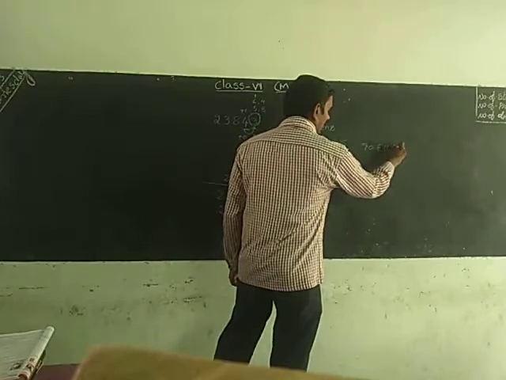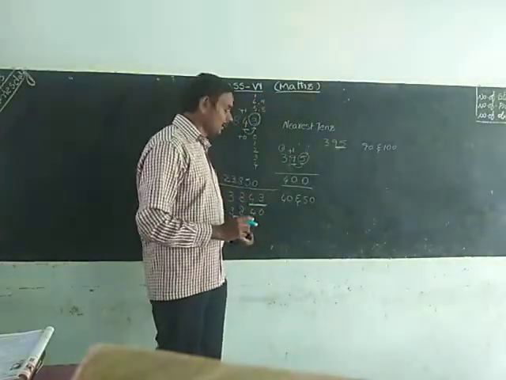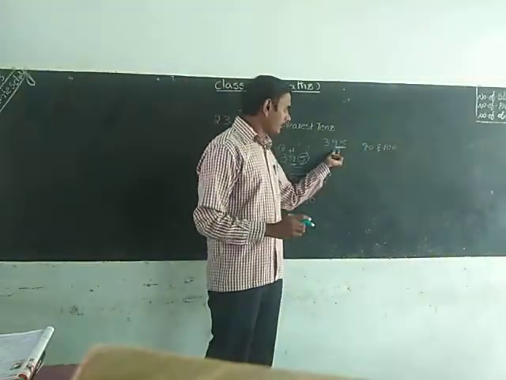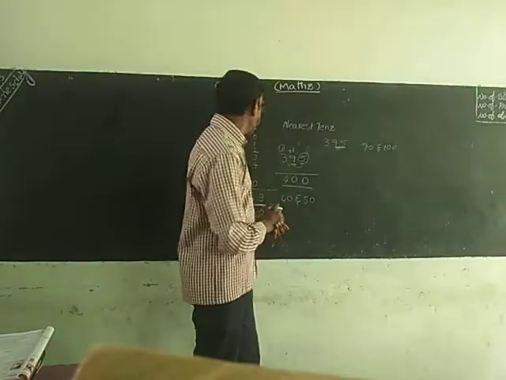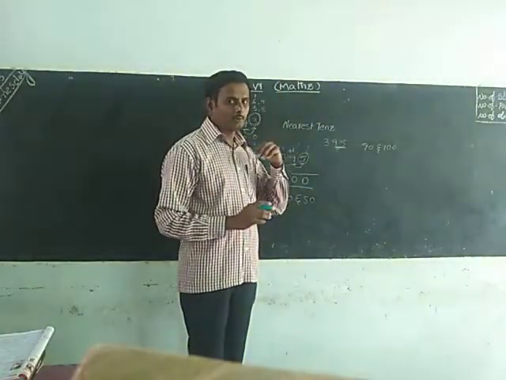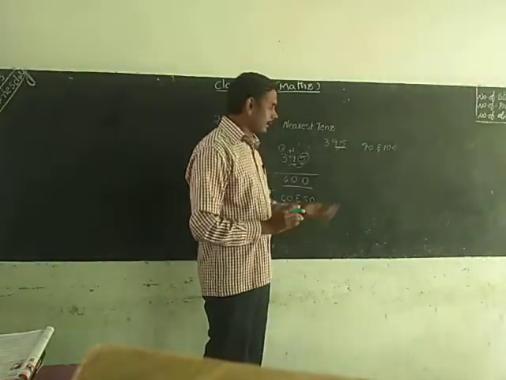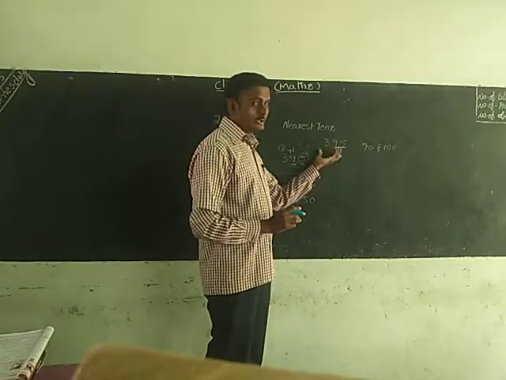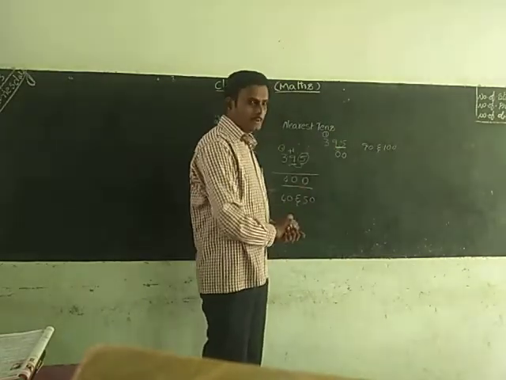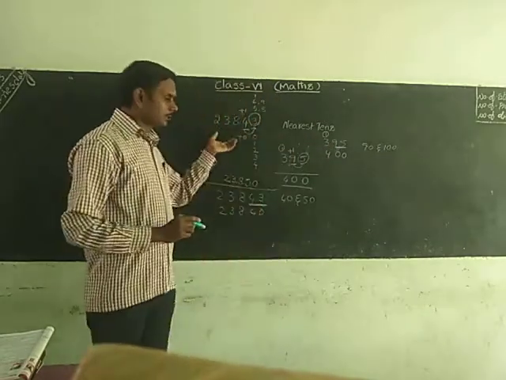Like this, sums they will not give to you; this model only they will give. 95 is nearest to 100, because 95, 96, 97, 98, 99 are nearest to 100. Now we have to write 100. 100 is a 3-digit number, so we write it like this: 3 plus 1 is 4.